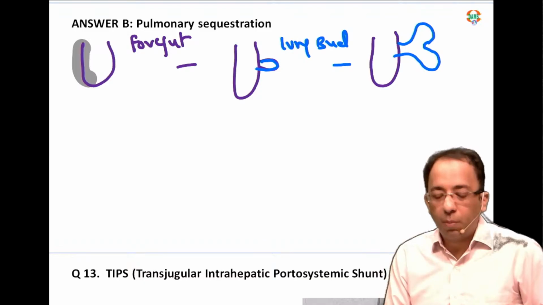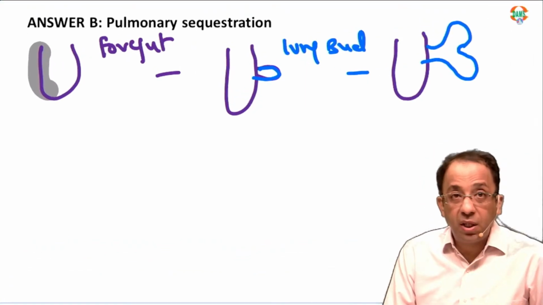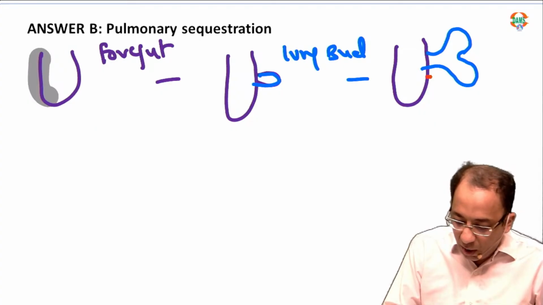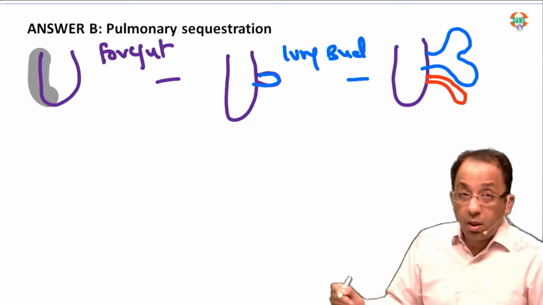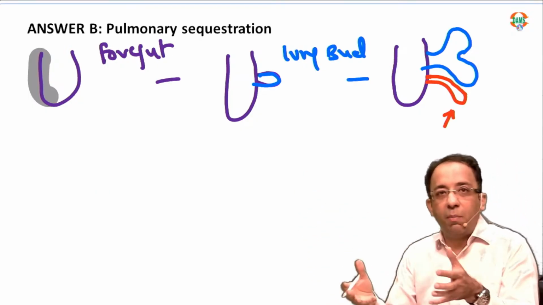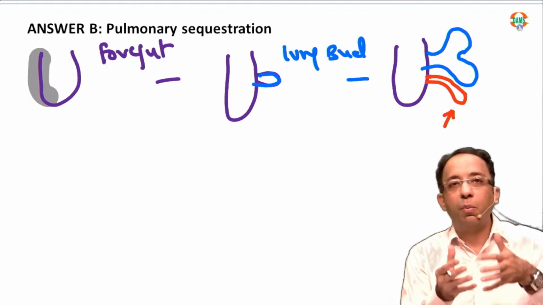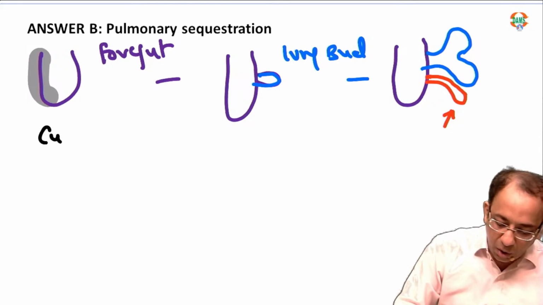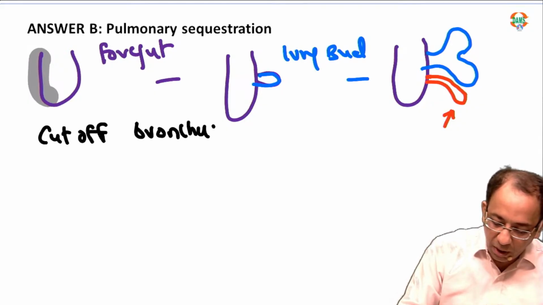But I want you to imagine, suppose after the lung bud has formed, another lung bud forms and it will form a segment of the lung. This segment, which is formed by this extra lung bud, will not communicate with the bronchial tree. This segment will be cut off from the bronchial tree, cut off from the pulmonary circulation.